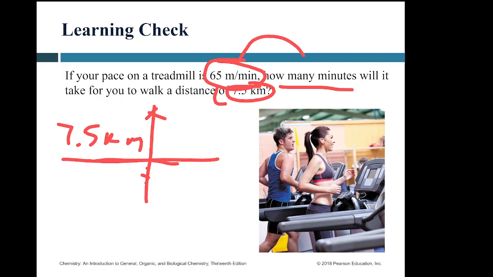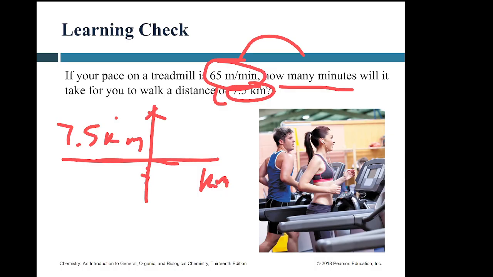So I'm going to need to get into meters, aren't I? So on the bottom I need, if I put meters here, would that cancel this over here? No. To cancel the kilometers on top, I need kilometers, don't I?